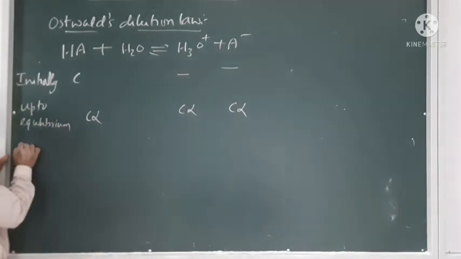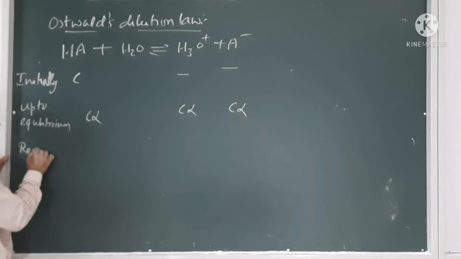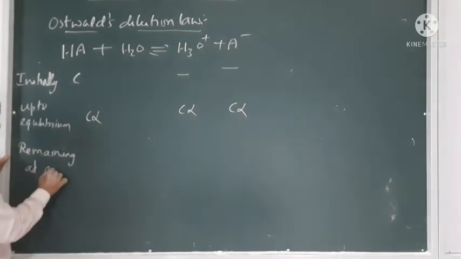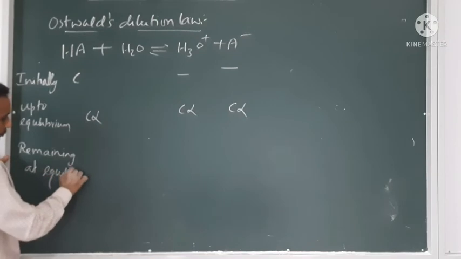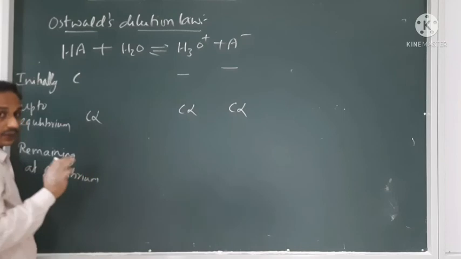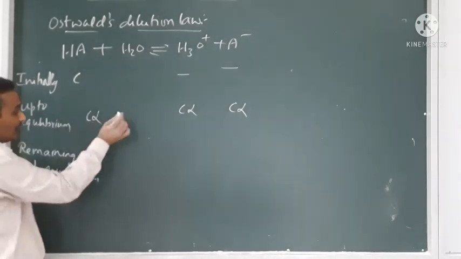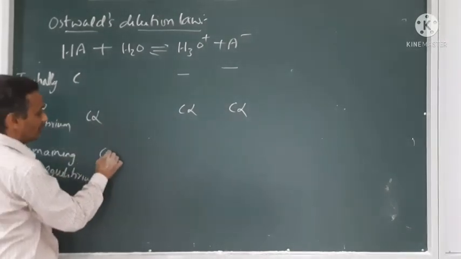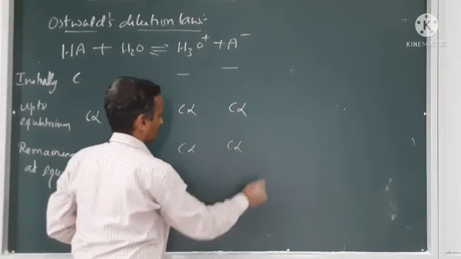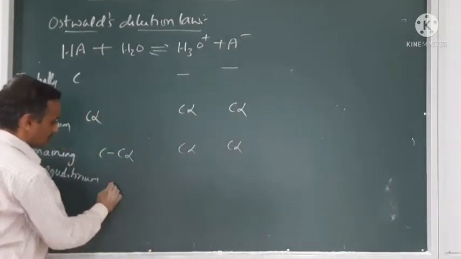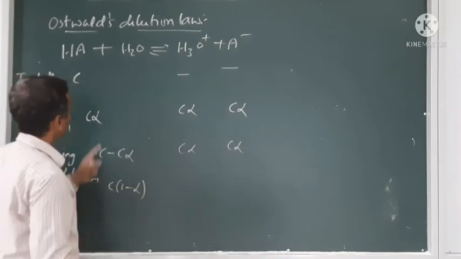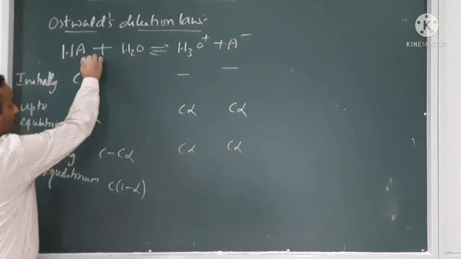Now, remaining at equilibrium: we started with C, C alpha is going, so remaining is C minus C alpha, C alpha, C alpha. C is common, so C into 1 minus alpha. This is the HA concentration.